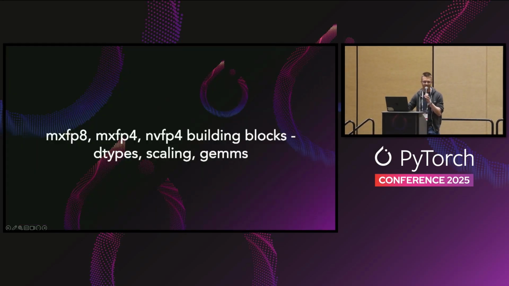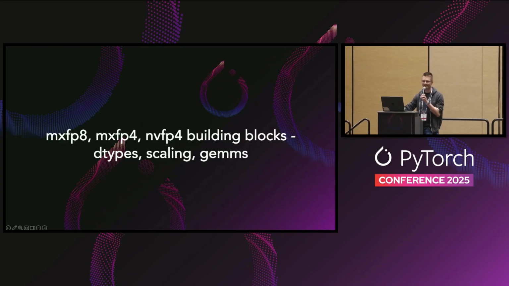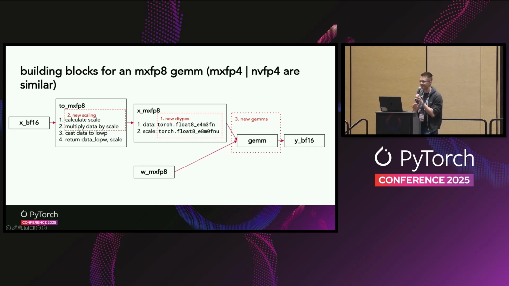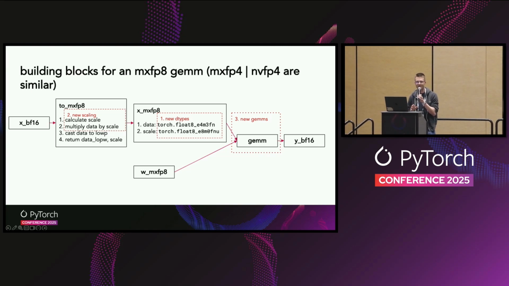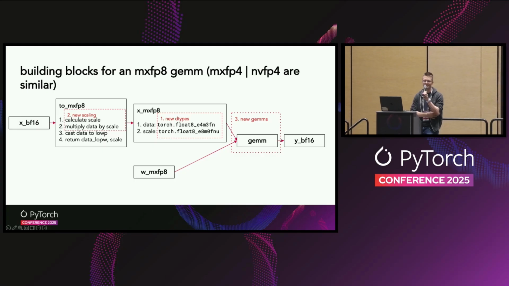OK, so in the next section, we're going to cover some building blocks in PyTorch that you can use to work with these formats. Before I dive in, this slide represents a high-level overview of how these building blocks fit into quantizing a tensor and then doing a gem. The second box represents the scaling.